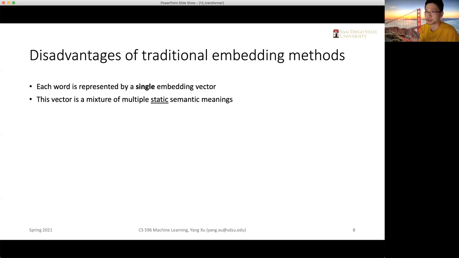We can show that with a particular example, the word orange, because orange is a color, and orange is also a fruit. If we don't distinguish those different meanings, then the vector learned is actually a mixture of static semantic meanings, just a mixture of different meanings.